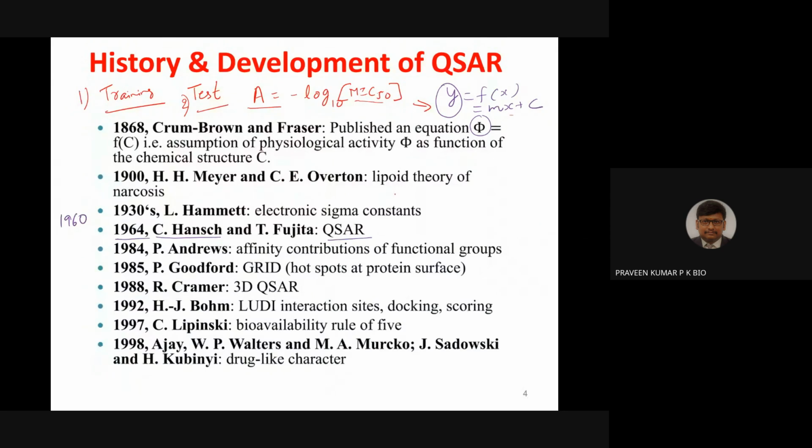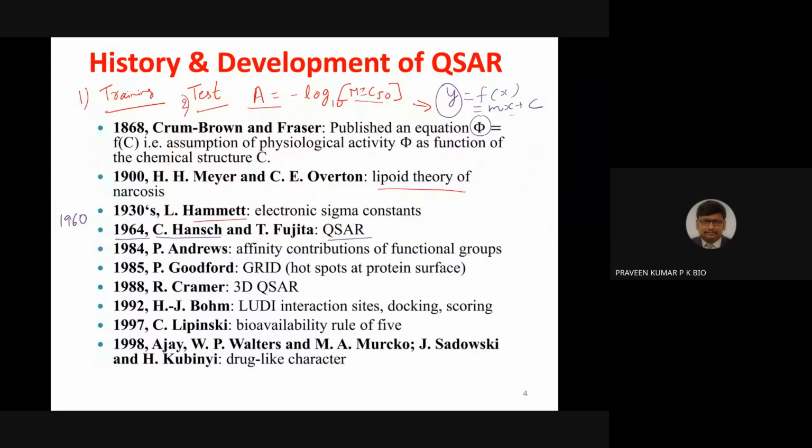In 1900, Meyer and Overton came up with the lipoid theory of narcosis, to distinguish lipophilic drugs and hydrophilic drugs. And Hammett came up with the electronic sigma constants. You know that we have electrostatic interactions and van der Waals interactions.